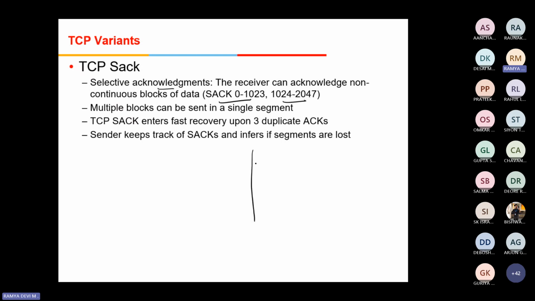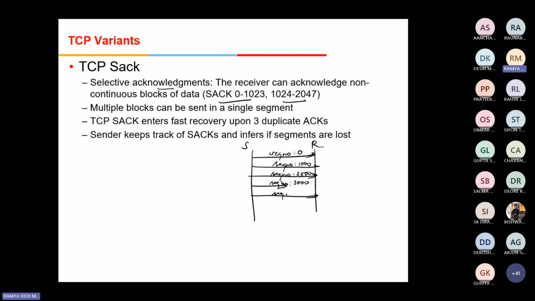Say, for example, this is the sender and this is the receiver. I'm sending segments. The first sequence number is 0, for the next one the sequence number is 1000, the next is 2000, and 3000 is missed.